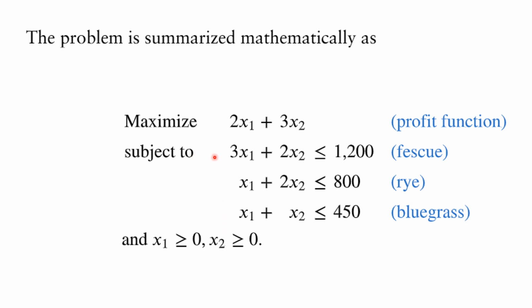These are 3x1 plus 2x2 less than or equal to 1200, that is the fescue constraint. x1 plus 2x2 less than or equal to 800, that's the rye constraint. And x1 plus x2 less than or equal to 450. That is the bluegrass constraint. And we also have non-negativity constraints: x1 must be greater than or equal to 0, and x2 also must be greater than or equal to 0.